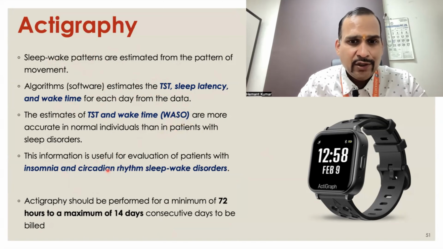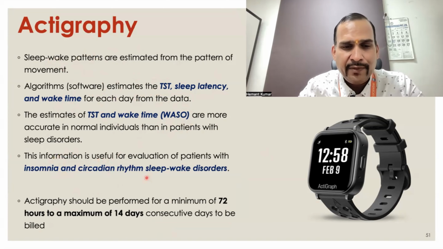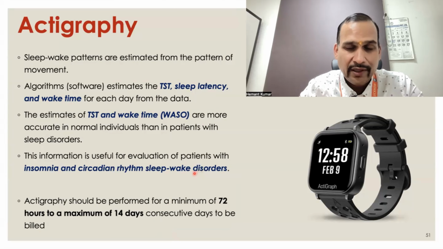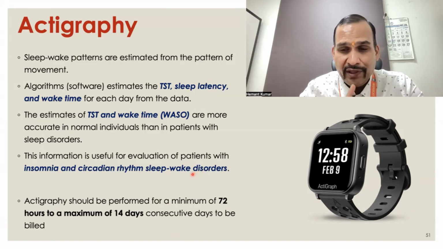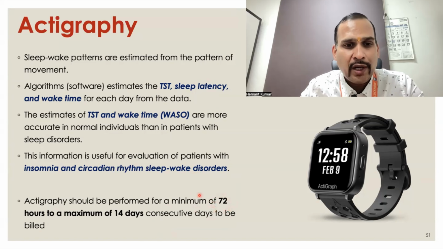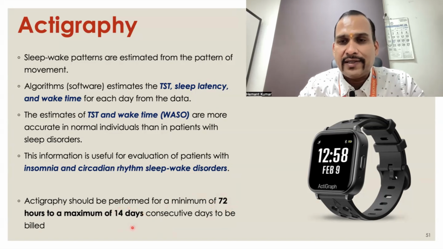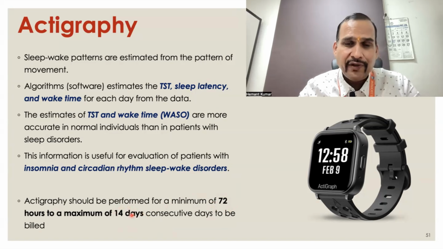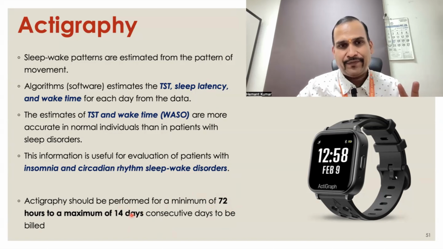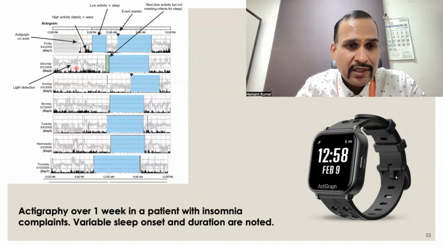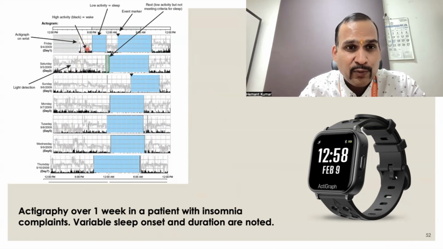Okay, so it is good for insomnia and circadian rhythm sleep-wake disorder. It's like a sleep diary. But we don't wear it for just one day. We have to use it for at least 72 hours to 14 days. Then only it will give you correct data. In this chart you can see there are black marks. This is movement.